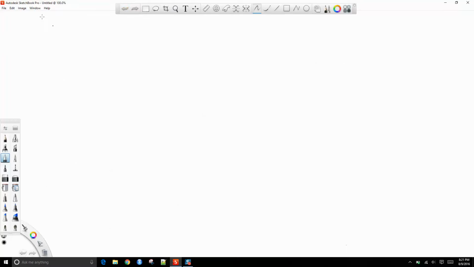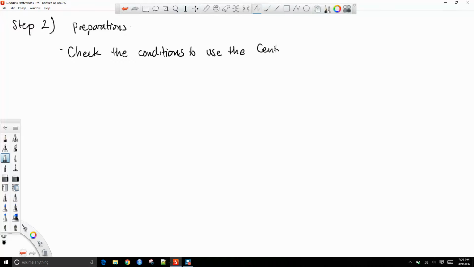Okay, step 2, this is called the preparations. Technically we're supposed to check the conditions to use the central limit theorem, because most of our tests depend on the use of this central limit theorem.